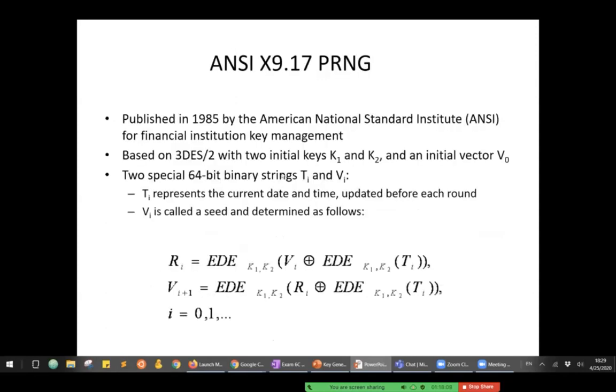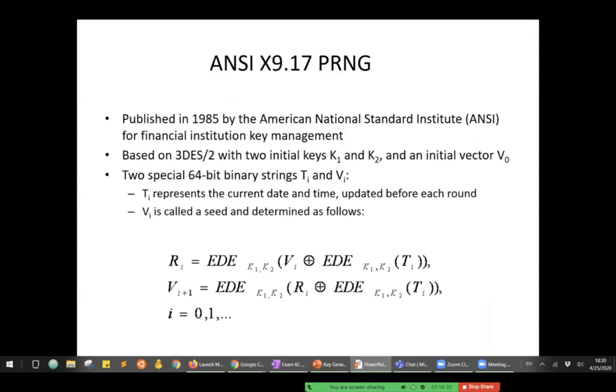The ANSI X9.17 pseudo-random number generator was published in 1985 by the American National Standards Institute, ANSI, for financial institution key management.